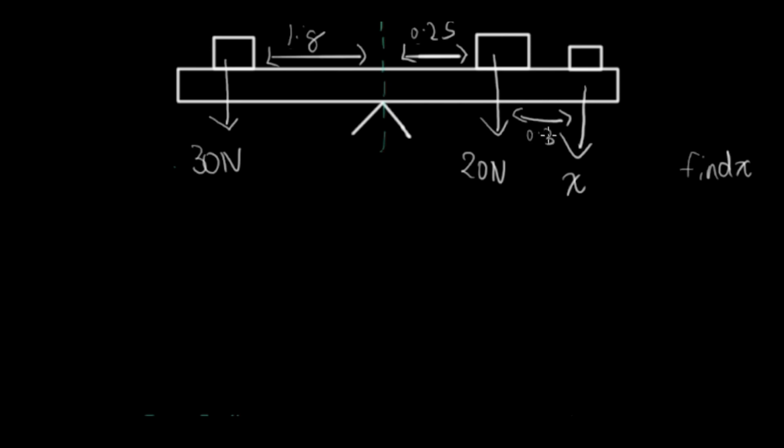And sorry, the other distance is actually 0.5, it's not 0.25. So now what do you think we will do? If you can, pause the video yourself and work it out, because I know that you guys are smart.